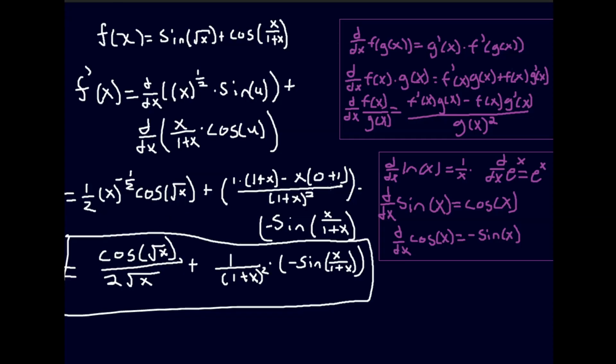So we did have to use the chain rule twice and some trigonometric differentials, but it's a pretty straightforward process. All you do is find your composite functions and then multiply by the derivative of the outer function. So that's about it.